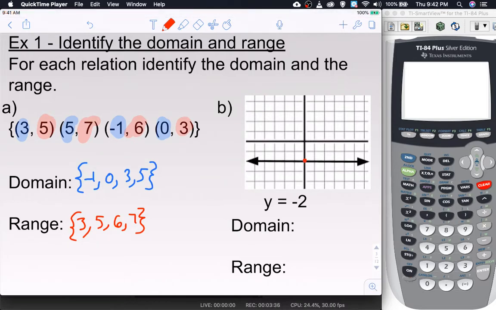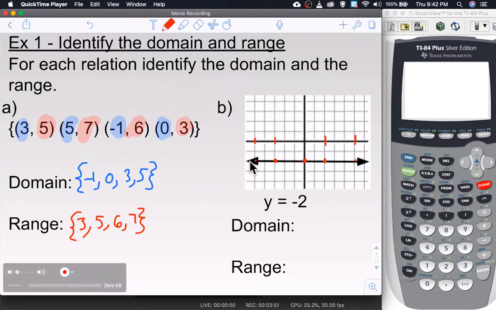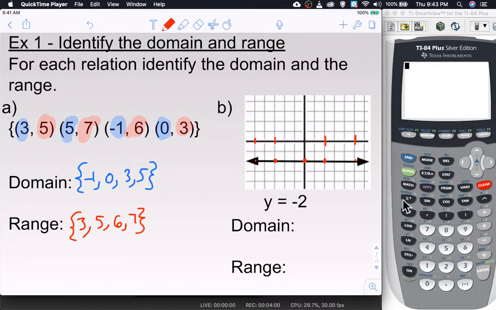Can I have an x value of 2? Yes. An x value of 5? Yes. Does the function exist when x equals -3? Yes. When x equals -5? Yes. In fact, this function will exist everywhere horizontally, because this line goes on forever and ever in both directions. So the x values here is everything, all real numbers.